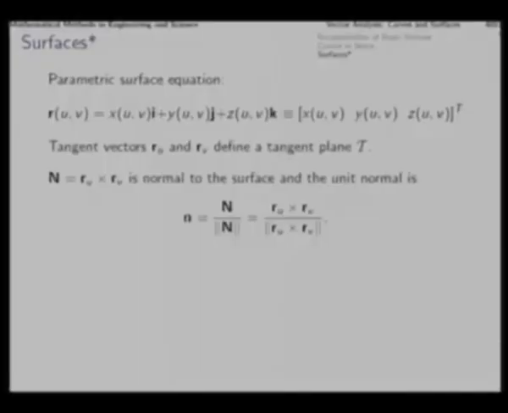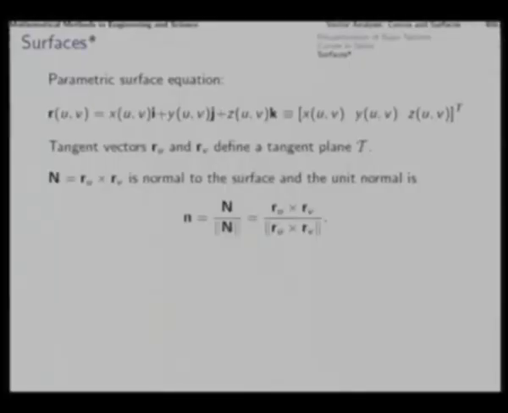Now, if you change u, the first parameter, through a small amount, then you move along a particular tangent on the surface, and that tangent is known as r_u, that is the derivative of r with respect to u, which gives you one tangent vector, and the derivative of r with respect to v gives you another tangent vector.